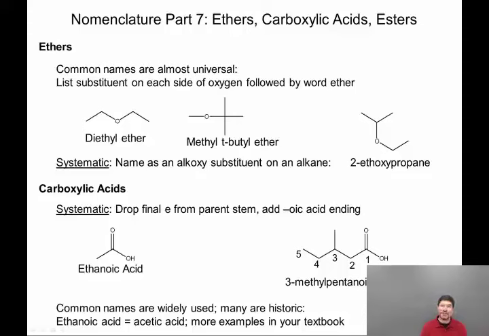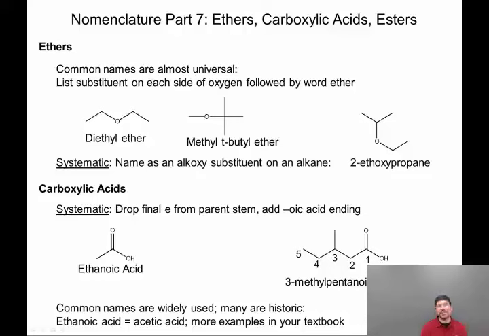But a long time ago, that's where natural products were isolated from. Since caproic acid comes from goats, and you may remember that that same root comes from Capricorn, the goat, the constellation in the sky, it's called caproic acid.